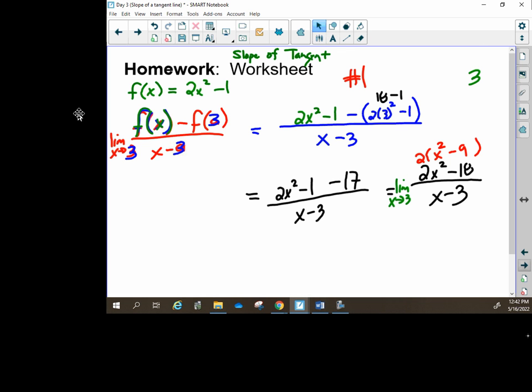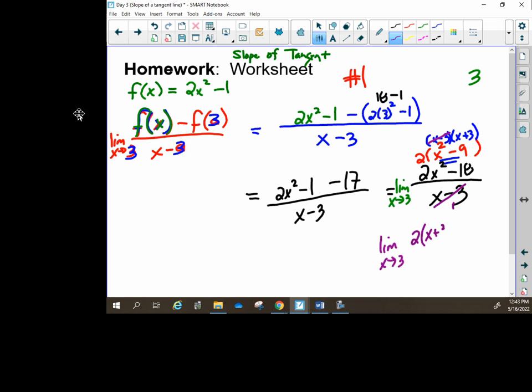Difference of squares. Okay. So this part right here factors out to be an x minus 3 and an x plus 3. And that right there is going to cancel with that right there. So now we are doing the limit as x approaches 3. I have 1 right down here in the denominator, and I have 2 times x plus 3 in the numerator.